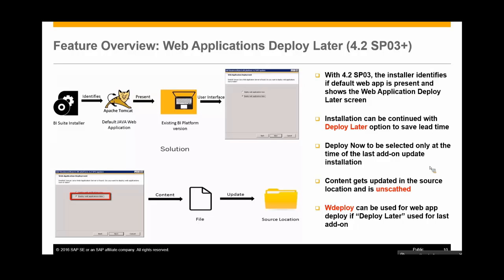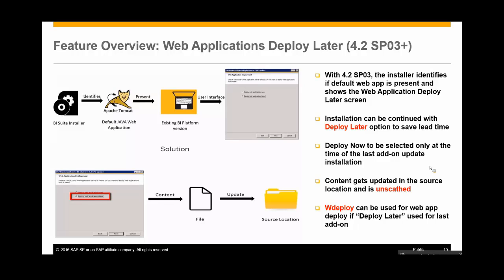Since you already chose later for the first installation, and this is your last add-on, you can now choose deploy web applications now, by which your Tomcat gets deployed, and your web applications also get deployed, and your installation at the end of it is successful.